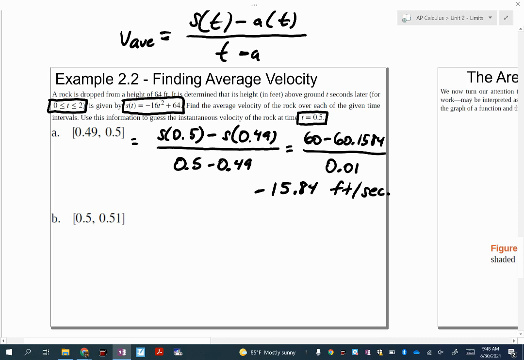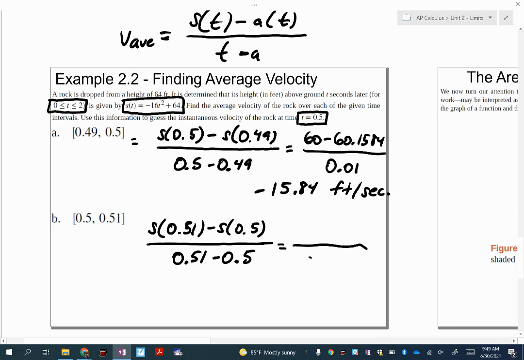Now we're going to do the same process, but this time using 0.5 to 0.51. So it's the same time interval, just on the other side of 0.5. Now it's going to be S of 0.51 minus S of 0.5 over 0.51 minus 0.5. Same time interval, 0.01, that's no different. And we know what happens when you plug in 0.5, we got 60.